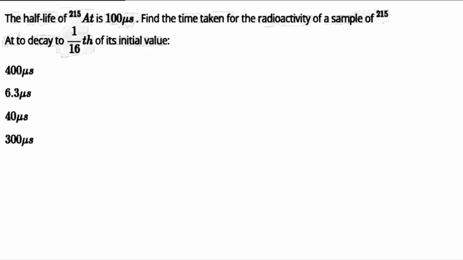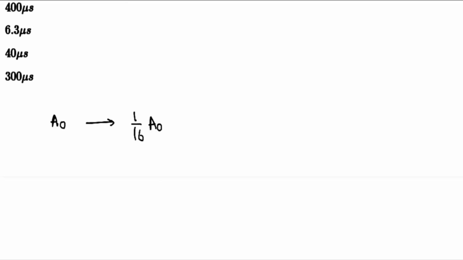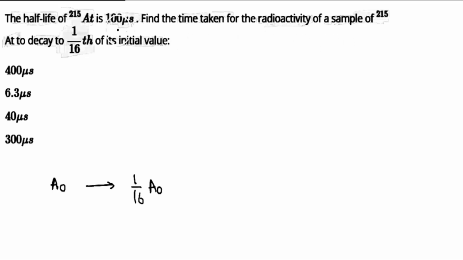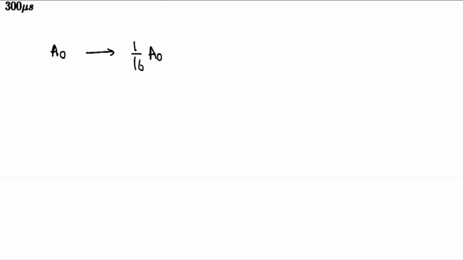That means what is being told in the question is that the initial value, let's suppose, was taken as A naught, and the final value is 1 by 16 times A naught, and T half is given as 100 microseconds. So firstly, I'll explain T half so that we can do this question very easily.